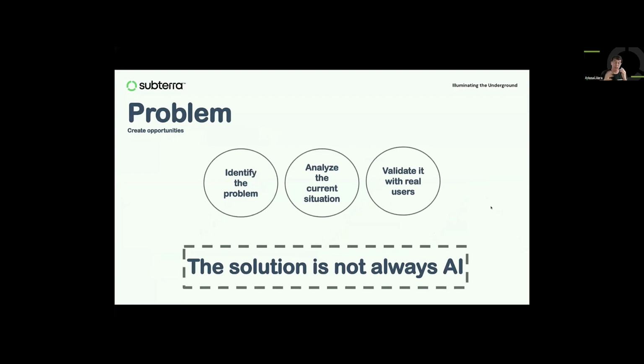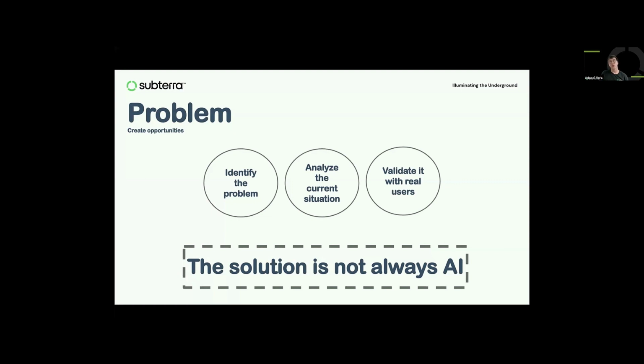That is why, like always, and that's gonna sound like a pitch, we have to start with the problem, and I'm gonna show you the problem that we are solving. But I would like to give you some advice, something that I learned. One of the first things that I learned was that AI is not always the solution. I think many people know that, but to tell the truth, when you are in love with a technology, for example stable diffusion, we use the technology and then we try to find problems, and that's fine.